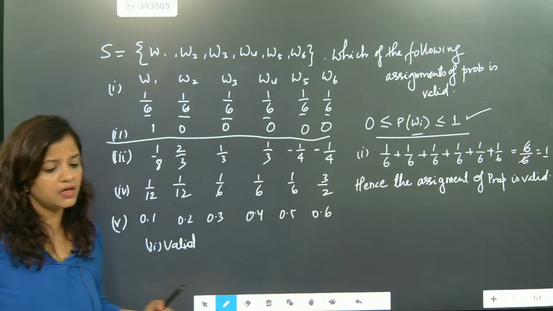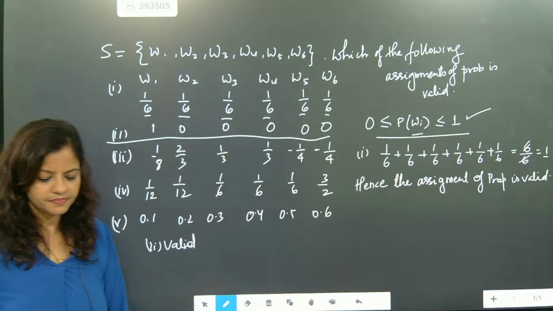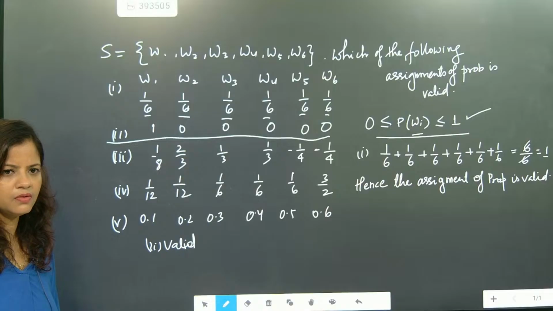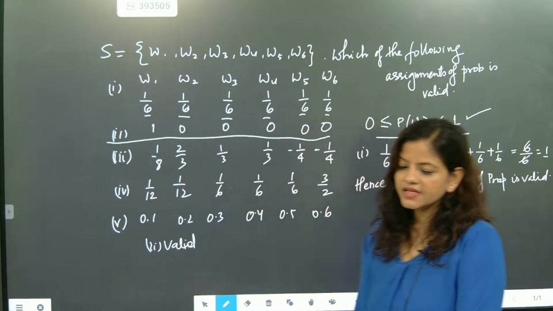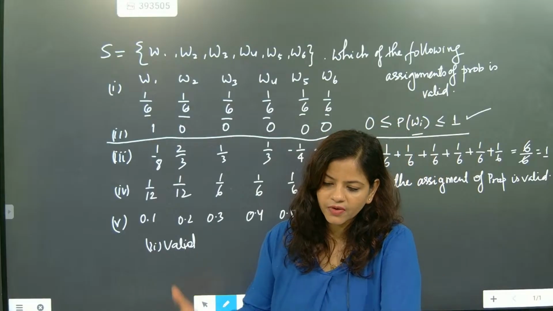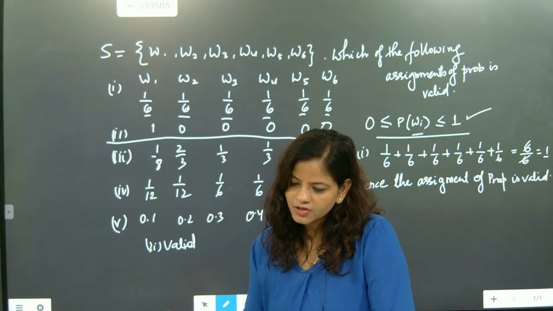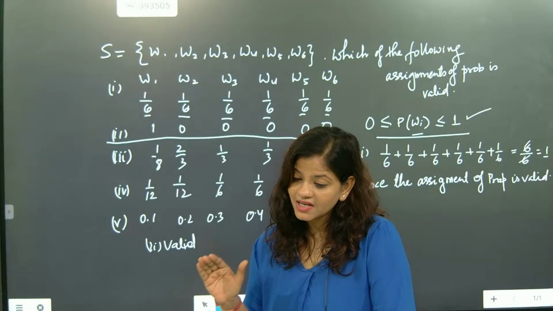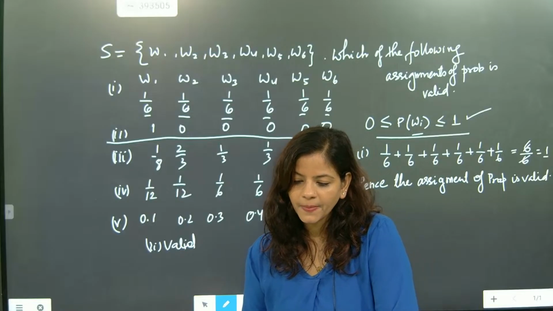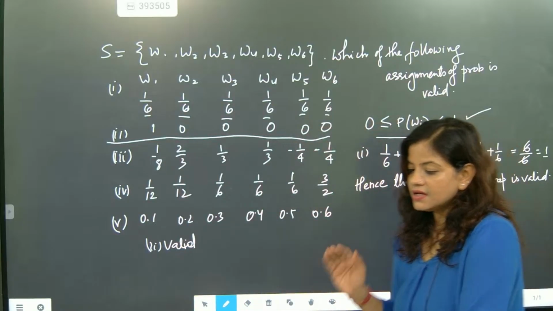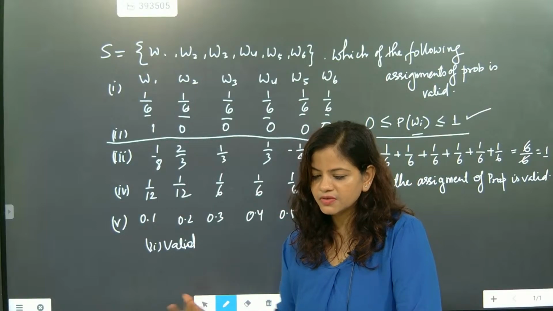Nishika is telling no. Anyone else who can say? Sujata is also telling valid. Payoja is telling it is valid. Good. Come on, I'm waiting for the students to give the answer.